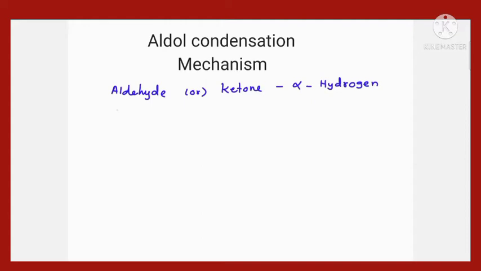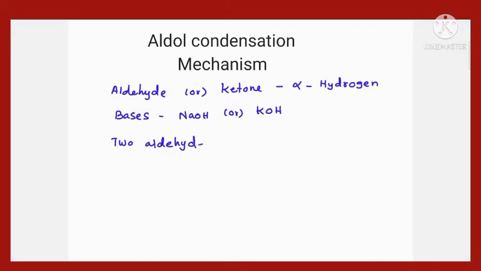And generally we do this reaction in the presence of dilute bases such as sodium hydroxide or potassium hydroxide. So aldol condensation is always carried out in the presence of either sodium hydroxide or potassium hydroxide. Here 2 molecules of aldehyde or ketone are used.